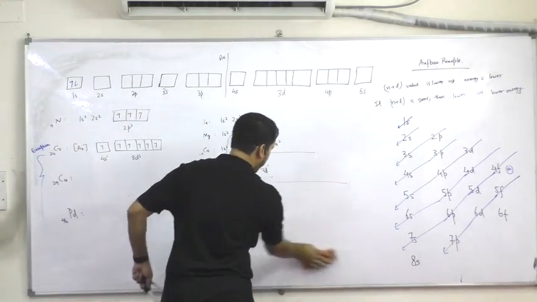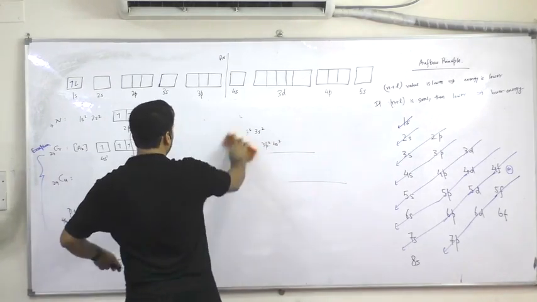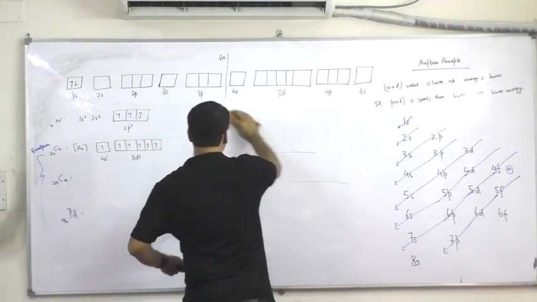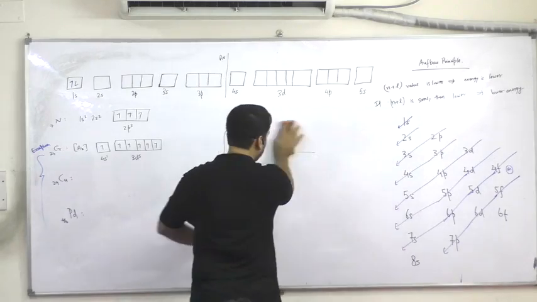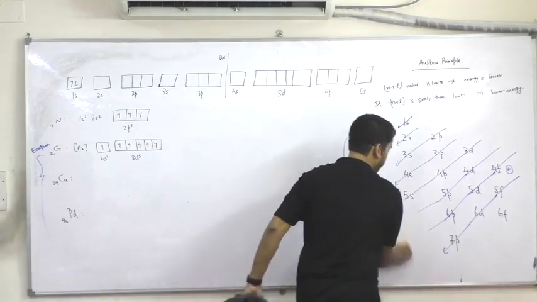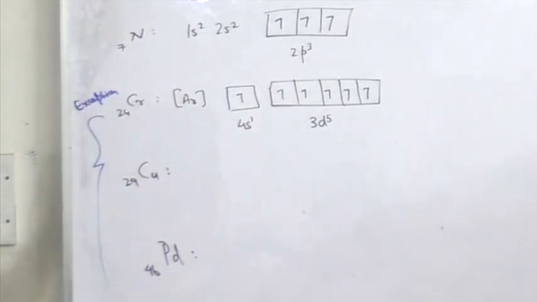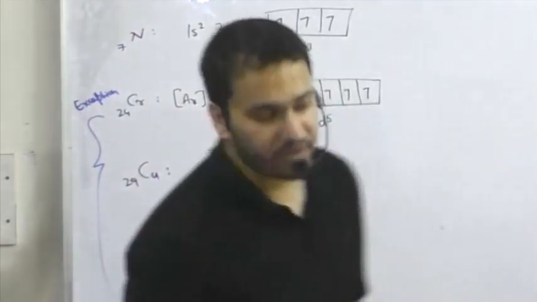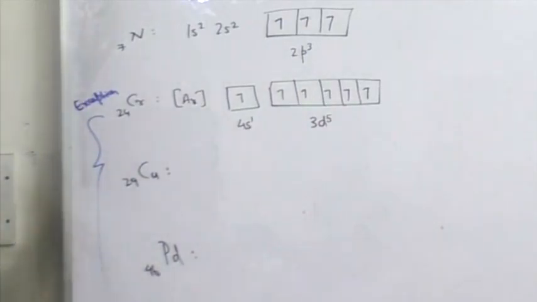So instead of being 4s2 3d4, chromium is 4s1 3d5.